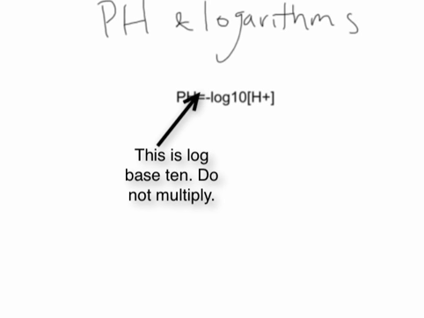There are a bunch of different equations, and a lot of the times you have to do like 1 or 2 equations until you get the pH. So say you did the KW equation and you found H plus. So you'd plug the H plus into negative log 10 and get pH.